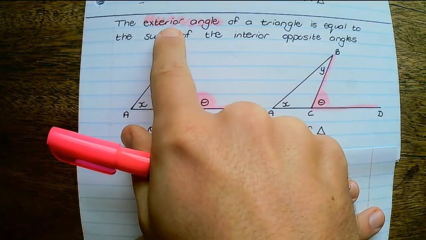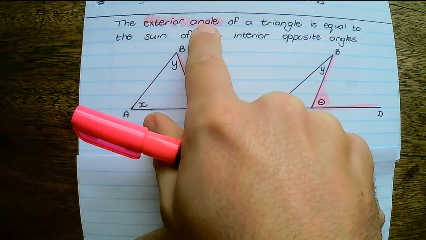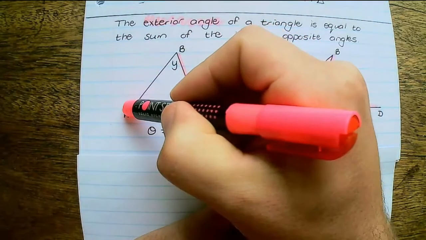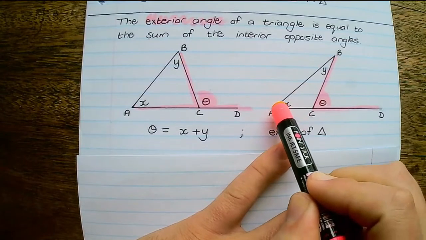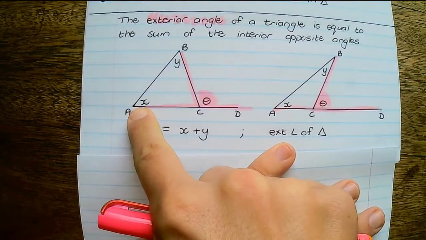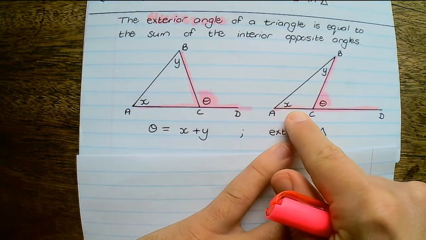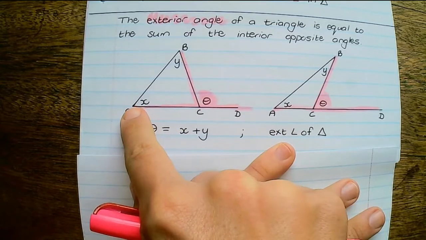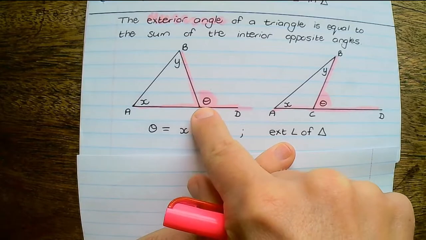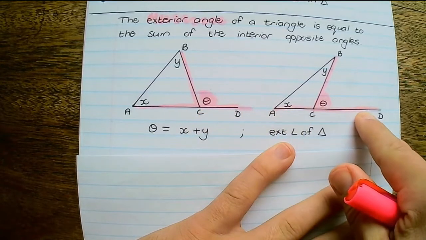It's important when we speak about the exterior angle, it's one of the sides of the triangle that's extended. So this line is a straight line. So these are straight lines. They're not running at a different angle. It's one of the sides of the triangle that is extended.